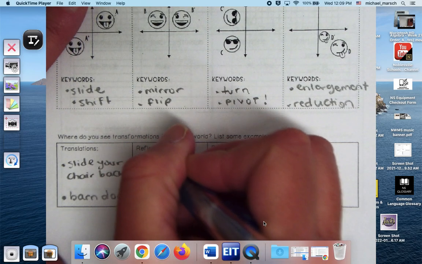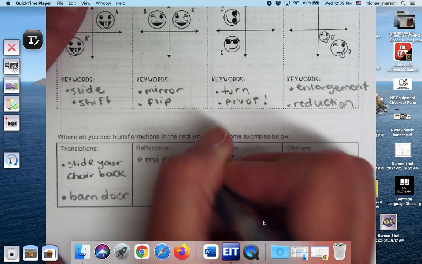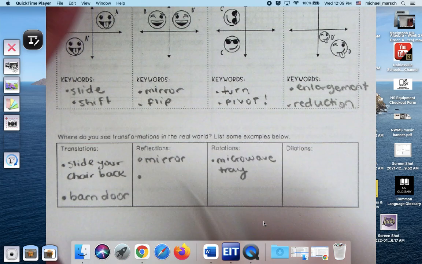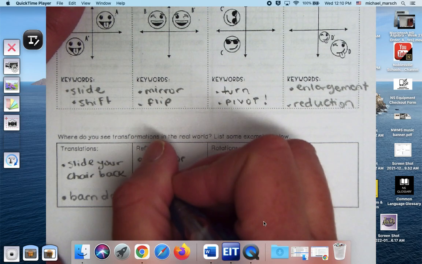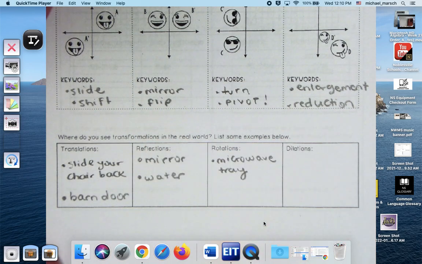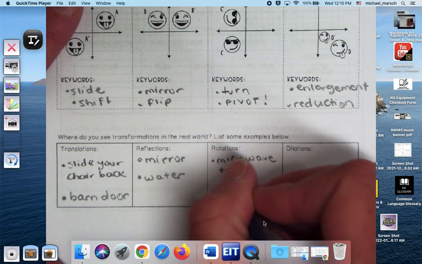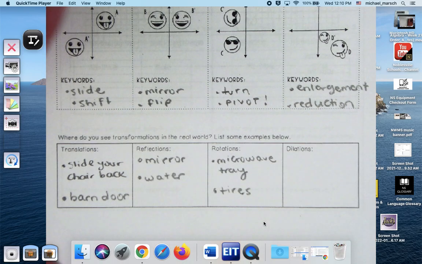Reflections are mirrors, yep. Someone last class period said when you look over into a pool or onto water, you see your reflection. Tires rotate, right? The tires on your car rotate.